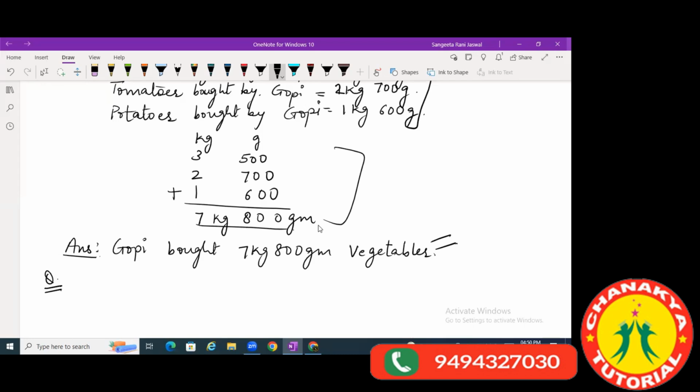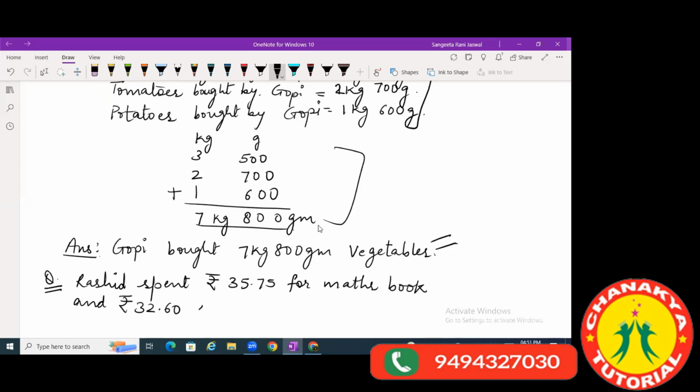Okay, let's take another question. The question is, Rashid spent rupees 35.75 for maths book and rupees 32.60 for science book.